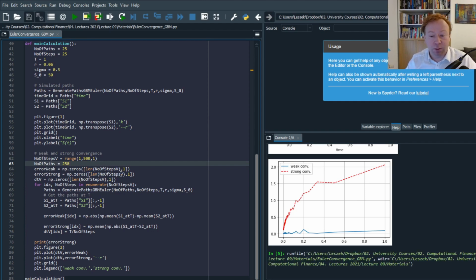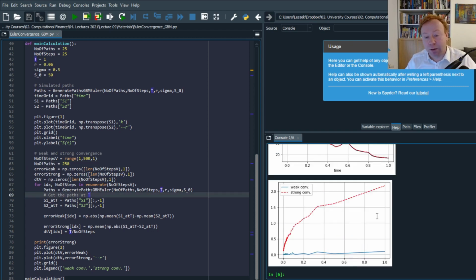Hopefully, it will still manage to do it within a reasonable amount of time. It will be at least 2.5 times slower. You see, once we increase the number of paths to 250, we see more and more of this square root of delta t shape. So this confirms our analysis.